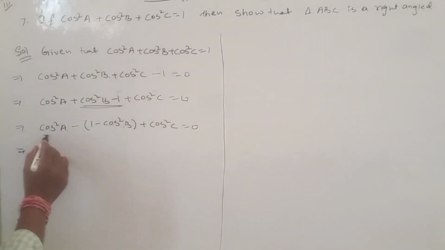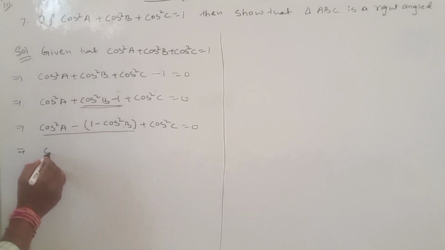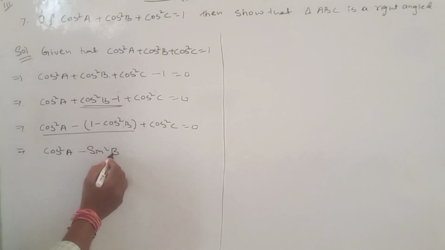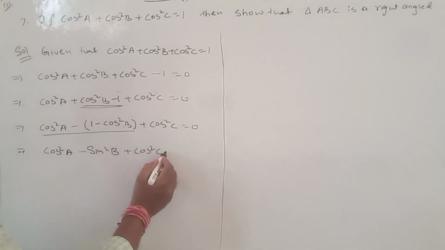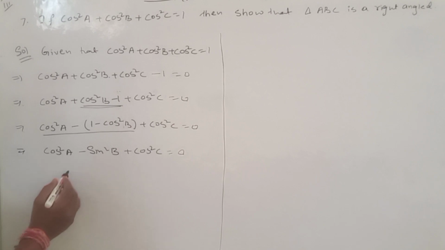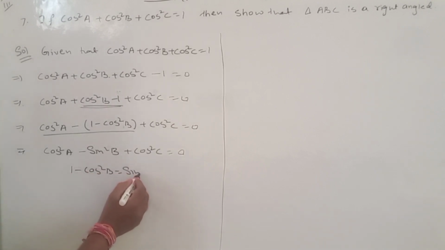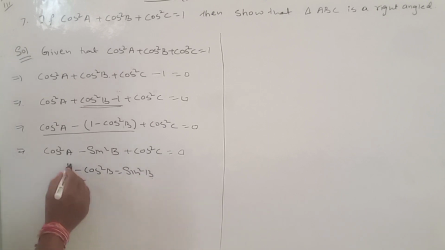So what we will have? This is cos square A minus sin square B plus cos square C equal to 0. Why? Because 1 minus cos square B is equal to sin square B. Okay, all of you.